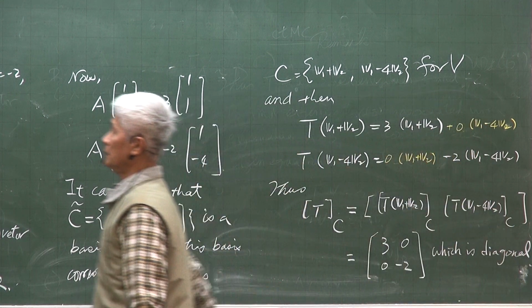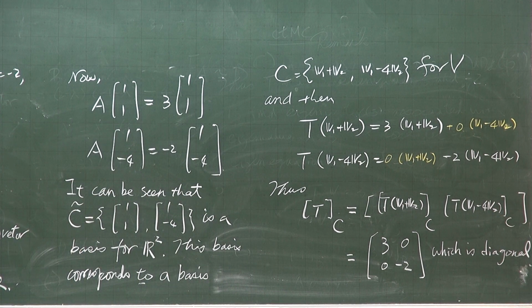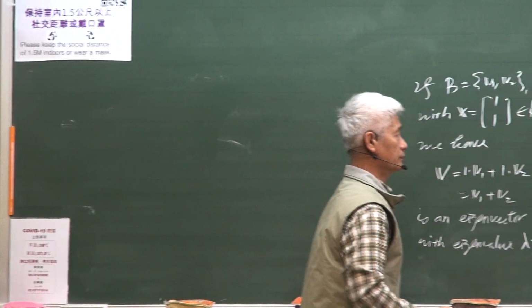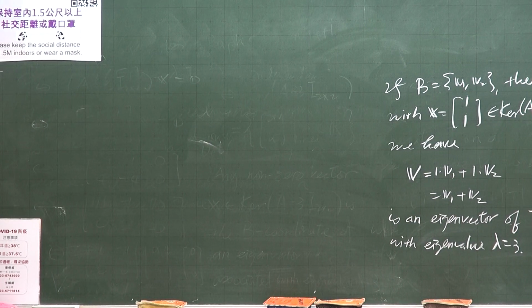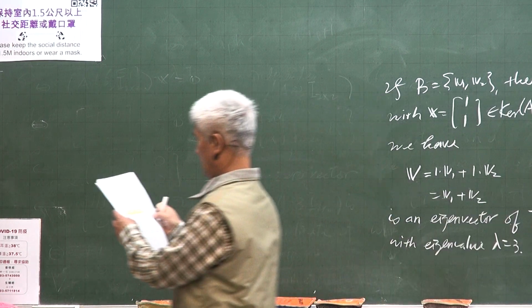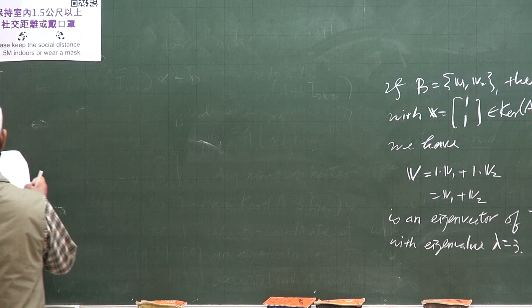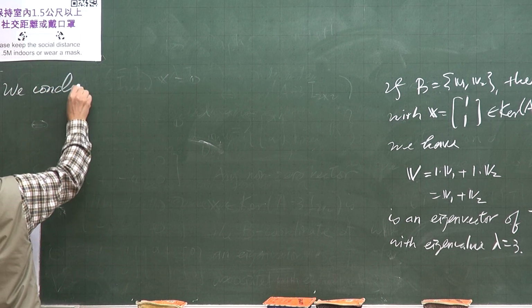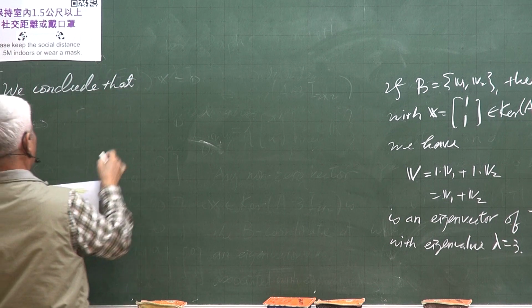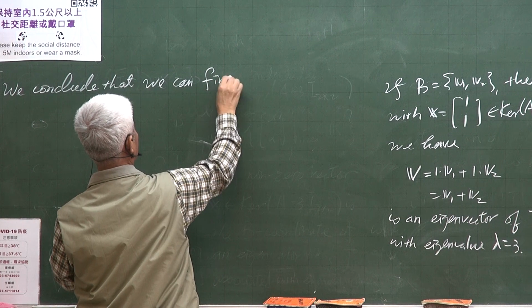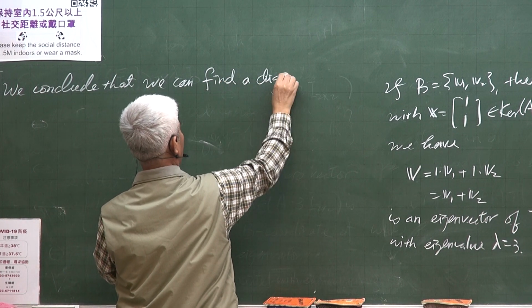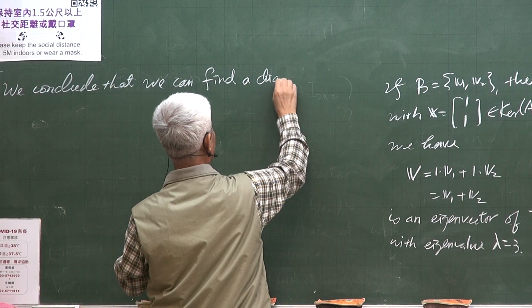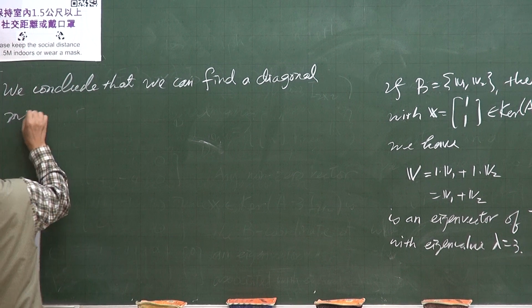All right. So the summary is that, okay, and so we conclude that we can find a diagonal matrix representation.